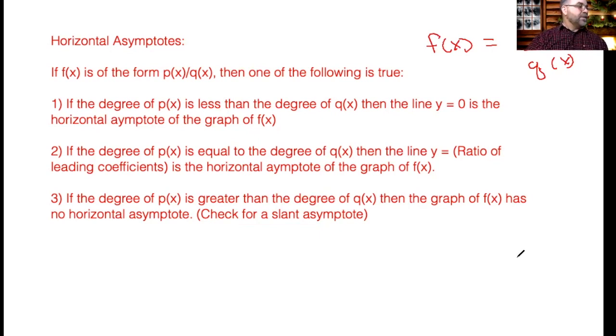We'll look a little more closely at how we find that slant asymptote down the road. There is a good example, I was just looking for it here. Example 8 in the textbook shows you how to find a slant asymptote. If you are curious about how to find that slant asymptote, example 8 kind of shows you. It involves some polynomial division.